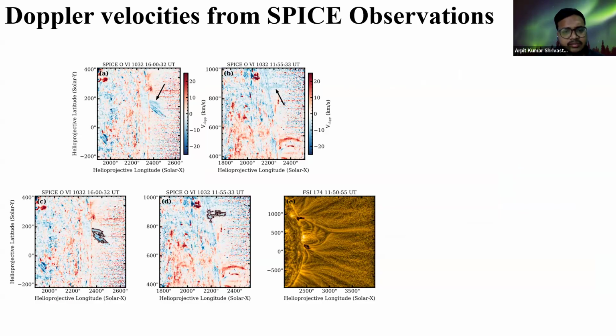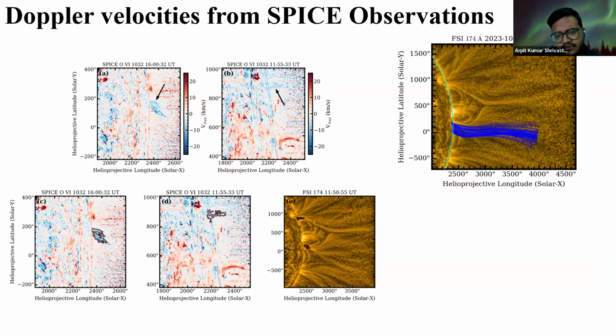But the problem is these are limb structures, and we cannot say with assurance whether these blue shifts are downflows or upflows. That's why we can do PFSS, and we are currently doing some 3D reconstruction to understand the geometry of the pseudo-streamer and interpret the corresponding downflow and outflow signatures.